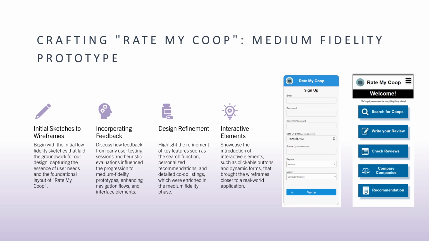Expert evaluations were equally vital, offering a professional perspective that helped us navigate the complexities of UI UX design. These experts scrutinized our prototypes from low fidelity sketches to advanced wireframes, ensuring our solutions were both innovative and practical.